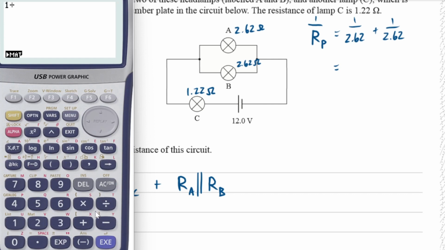So 1 divided by 2.62 equals, and we have 2 of them, so I'm just going to double that. And that is 1 over the parallel resistance. So to get the parallel resistance, we need to do 1 over this answer, which gives an equivalent resistance of 1.31 ohms.